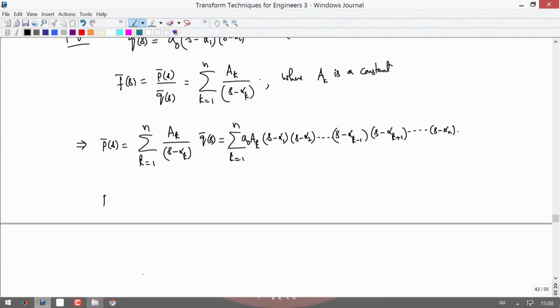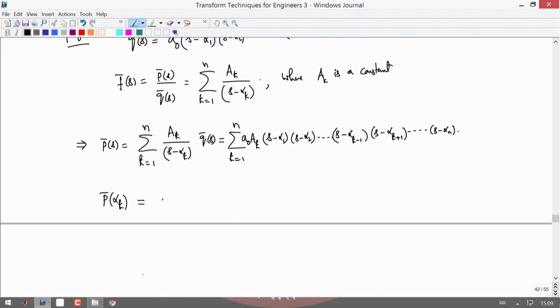If I substitute s equal to alpha k in p bar of s, all the other terms will go except one term, the one for that k, since each other term contains the factor s minus alpha k.